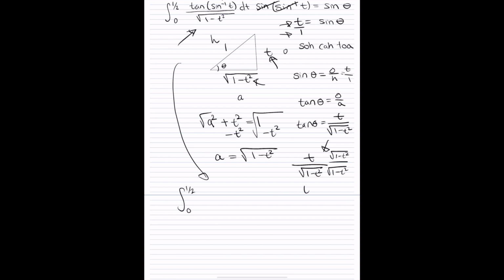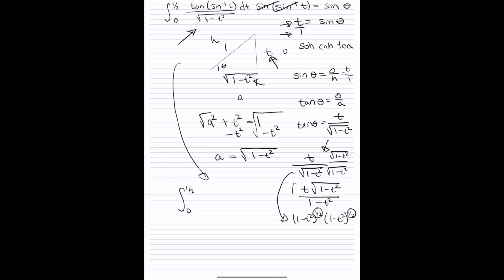You got t square root 1 minus t squared. This is actually equivalent to (1 minus t squared)^(1/2) times (1 minus t squared)^(1/2). When there are two exponents with the same base, you actually add them, which is 1. So this is 1 minus t squared.